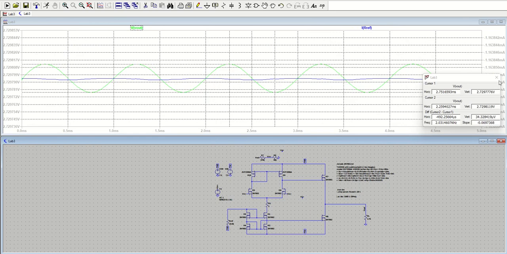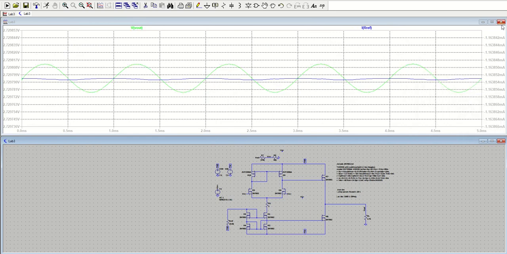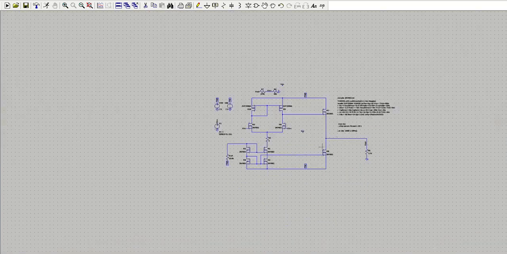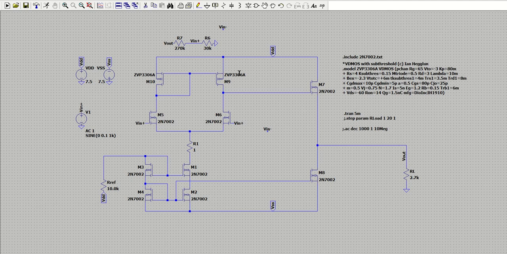The last thing I wanted to go over is the phase margin. The phase margin is the measurement of the stability of a system, so to increase the stability of an amplifier, you should increase the phase margin. We're going to look at the Bode plot through the AC analysis.